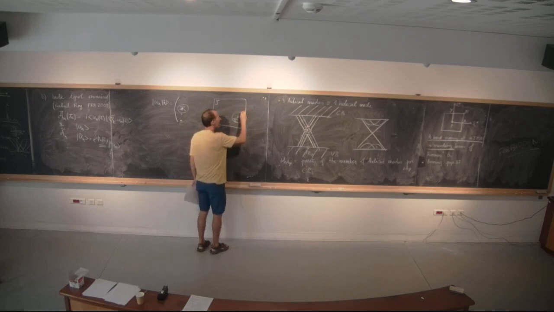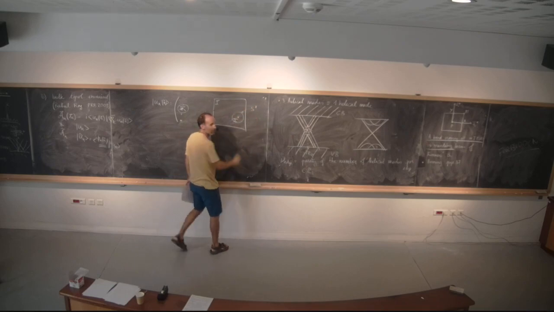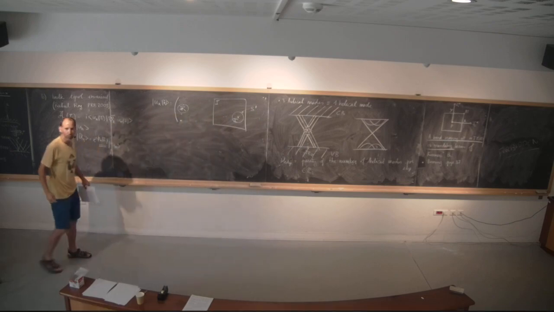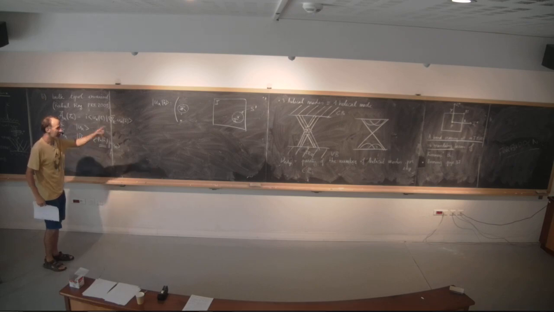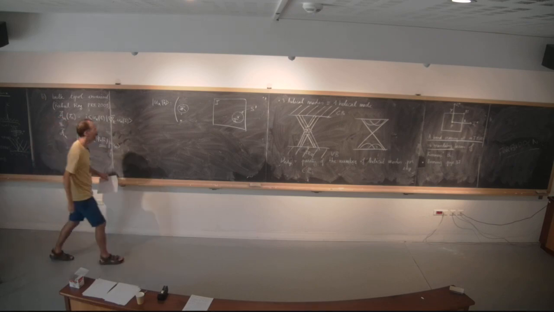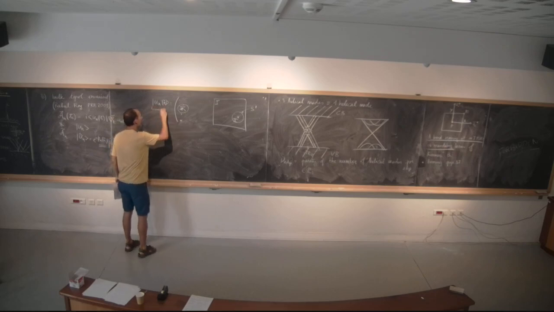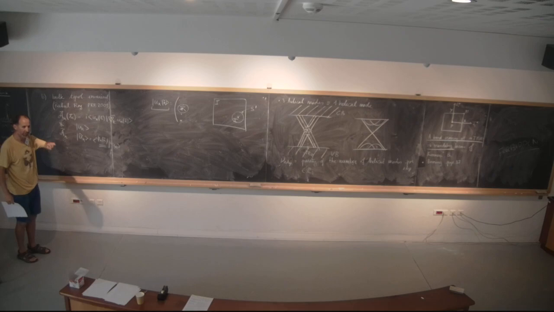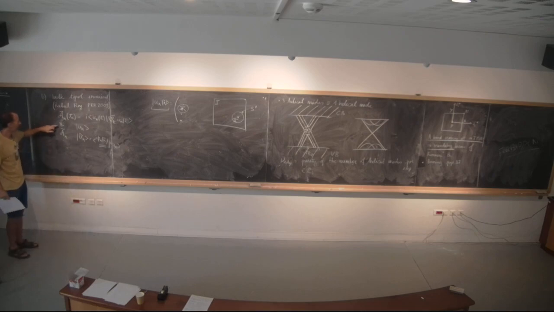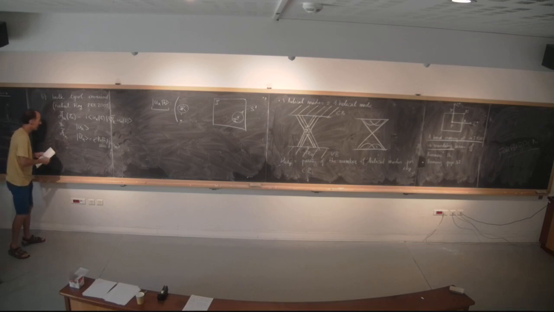The boundary is a circle. And what do I need to glue? I need to glue the phase of the wave function. So when I study a single band, like I'm doing here, I need to glue the phase of the wave function on the boundary, because on the boundary those two vector potentials should agree.